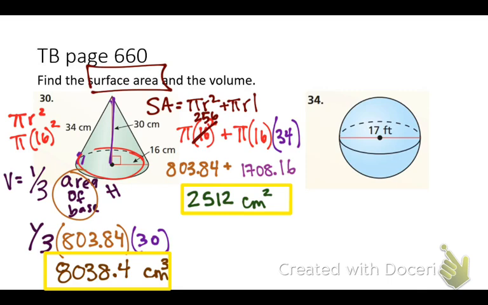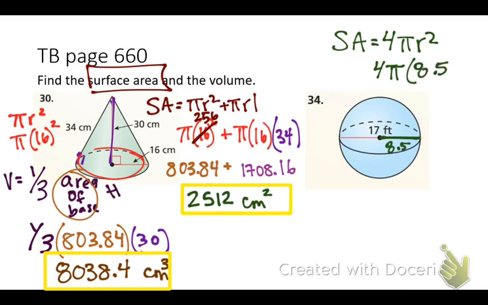Okay. For a sphere, what is the surface area formula? 4 pi r squared. Do we have the radius? No, we can get it though. What is the radius if the diameter is 17? It's going to be half, which is 8.5.